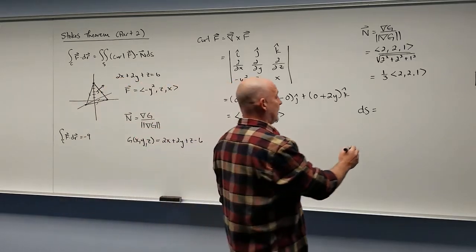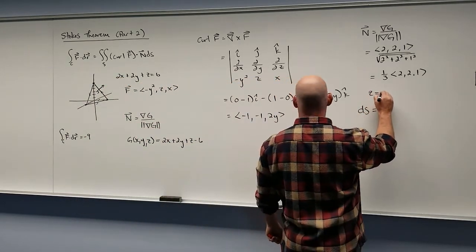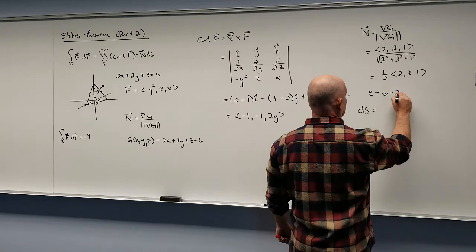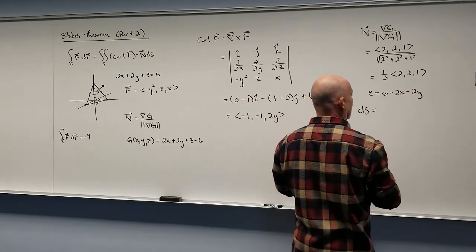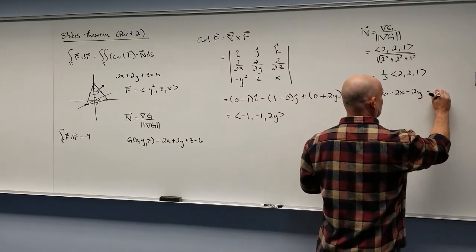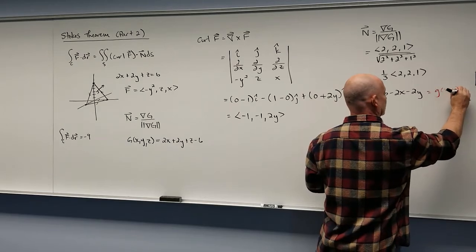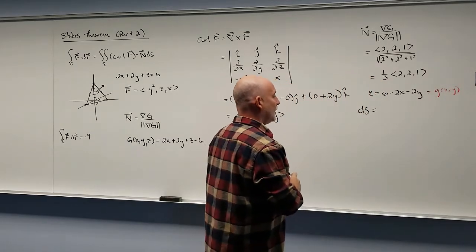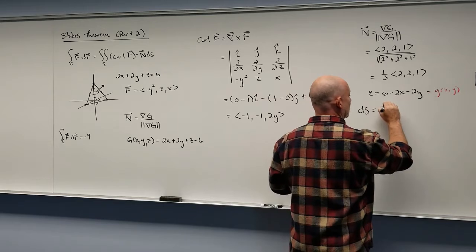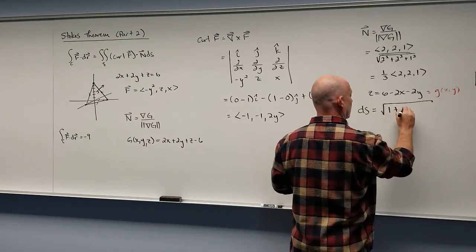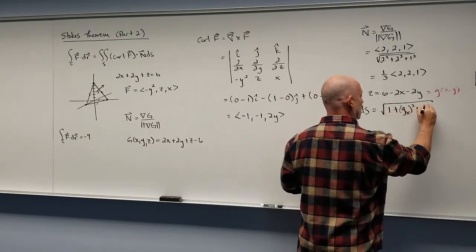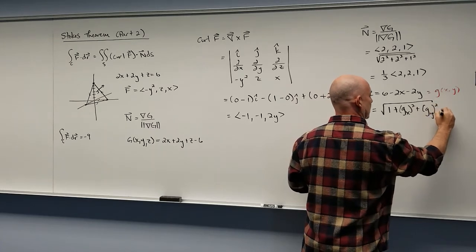So if we say z is equal to 6 minus 2x minus 2y, and remember this is our little g of x and y, the way that we defined it in the past, then dS is the square root of 1 plus g sub x squared plus g sub y squared dA.